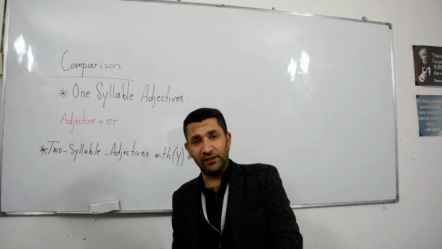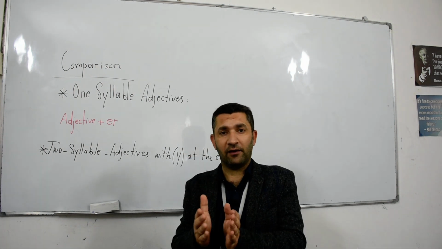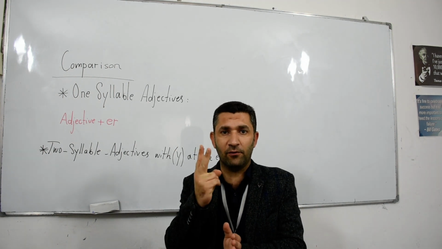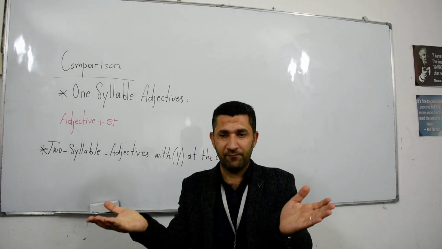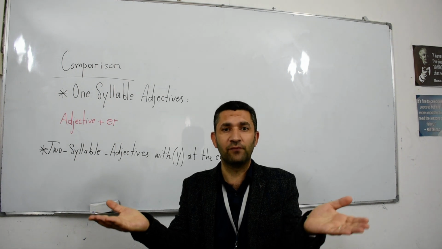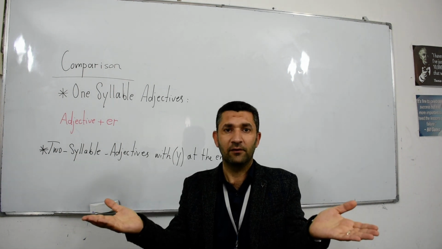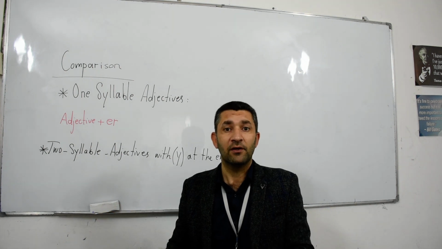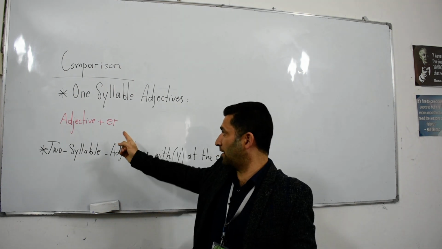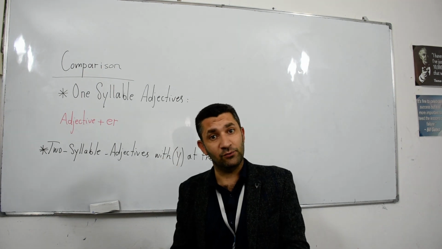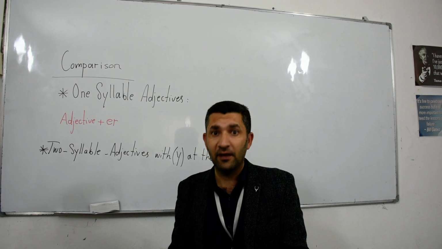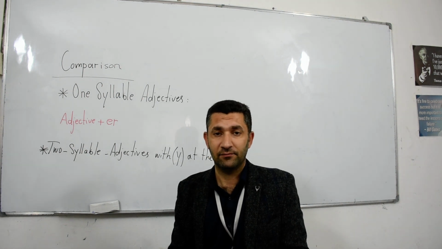Now the word easy, if you check the number of syllables, you find that you have only two, easy, two vowel sounds. So the result is that we have two syllables. Still, we can use the suffix er because the last letter is y. So when you want to change it into a comparative degree, it will be easier.